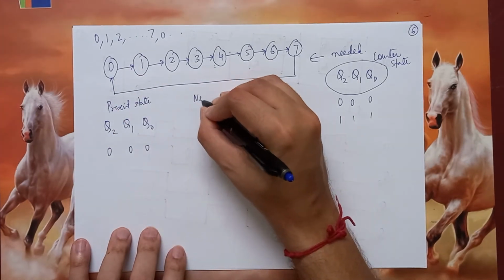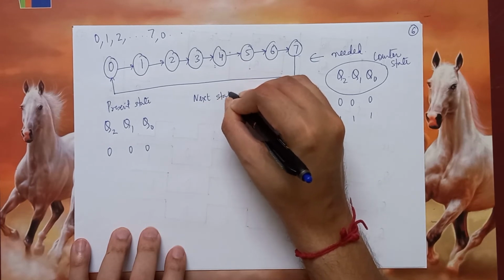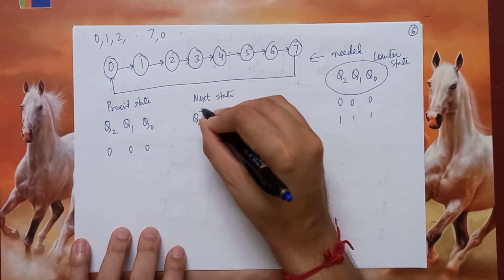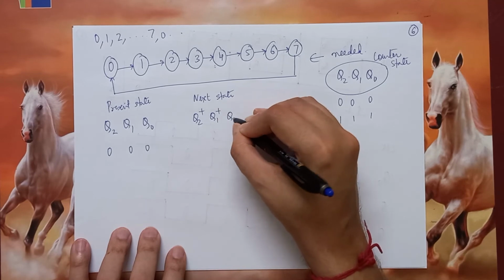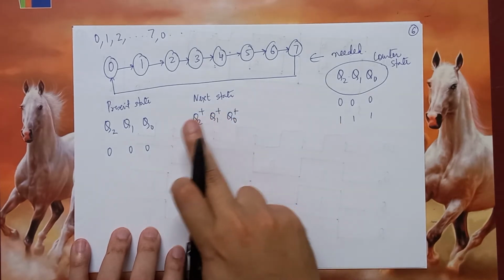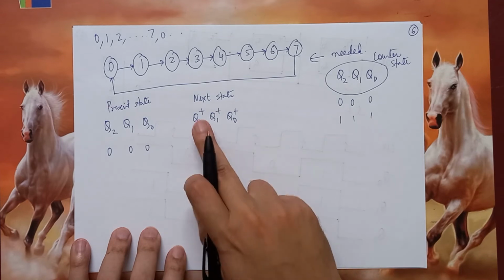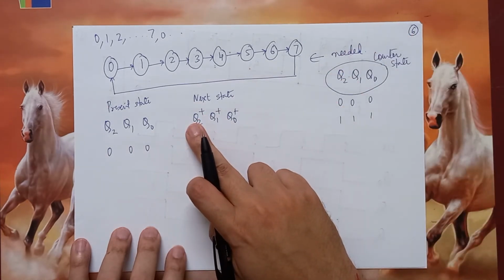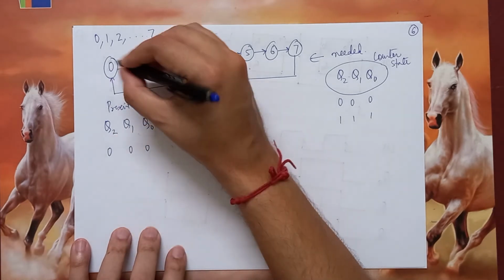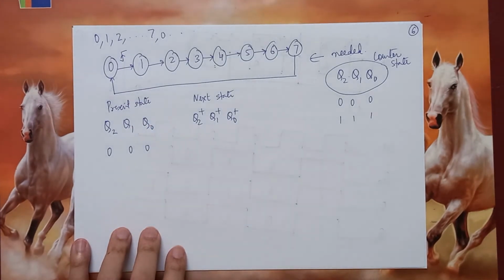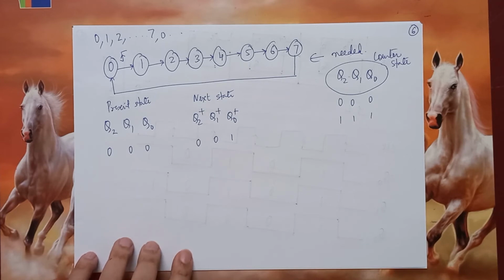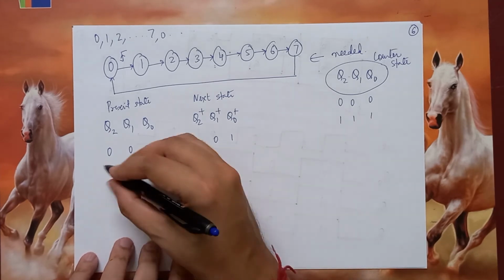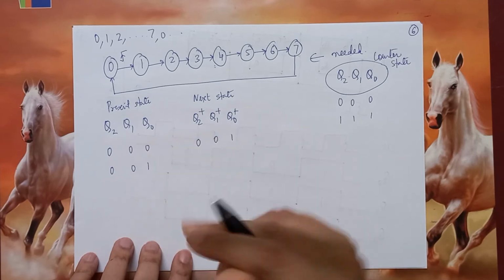So therefore, I will make one more column. I will call this Q2 plus, Q1 plus and Q0 plus. Once again, these are not different. I am simply indicating what should be the next state when the first clock comes. So the next state should be 0, 0, 1. Now if the present state is 0, 0, 1, what should the next state be?